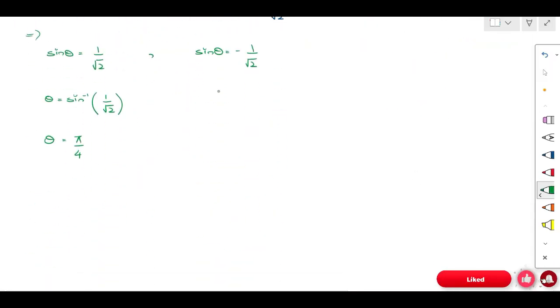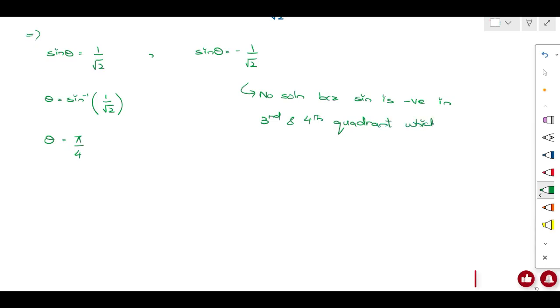Okay, and the other sign is negative, right? Sine is negative in the third and fourth quadrants, so we have no solution from here, because the third and fourth quadrants are not included in the domain of theta.